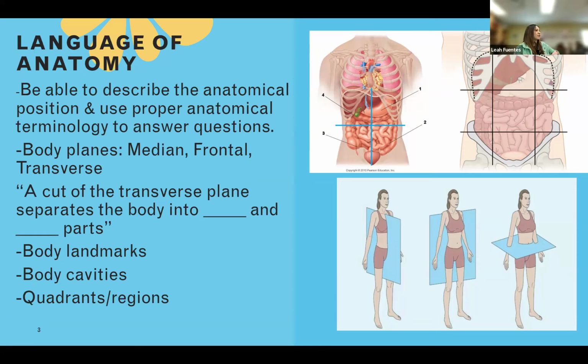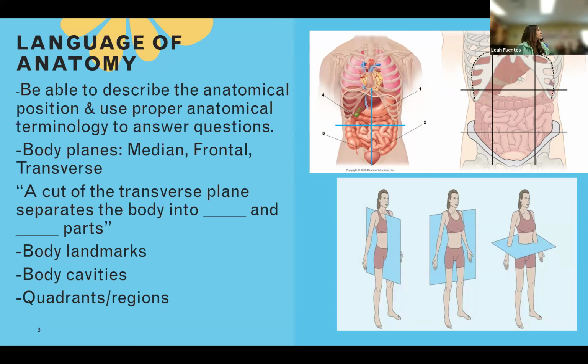So can anyone in a few words describe the anatomical position? Flat feet, palms out, arms to the side, thumbs pointing where? Lateral, good. So that's a good example of using anatomical terminology to answer the questions, thumbs laterally.